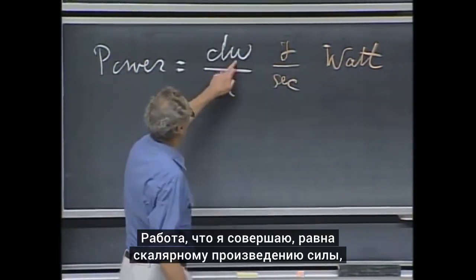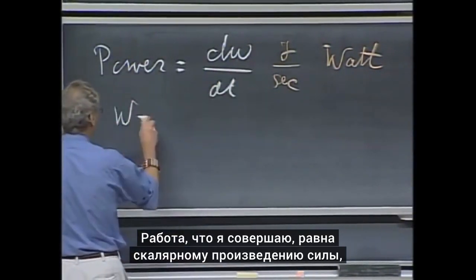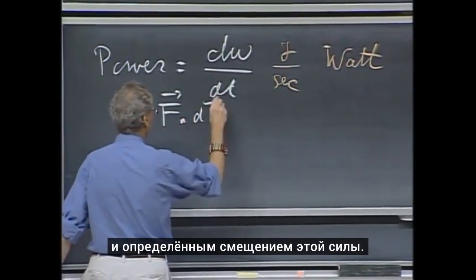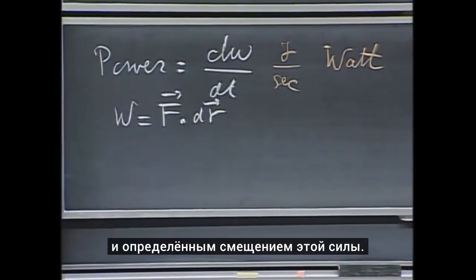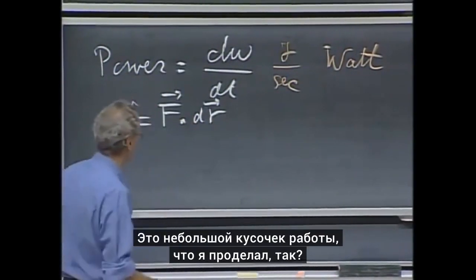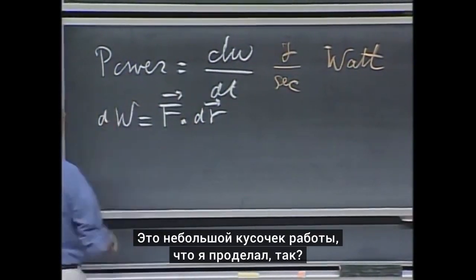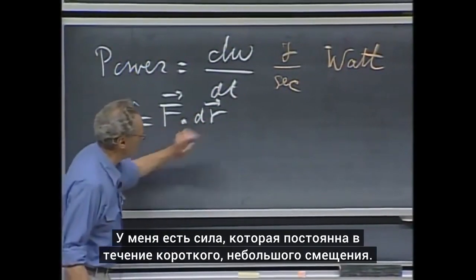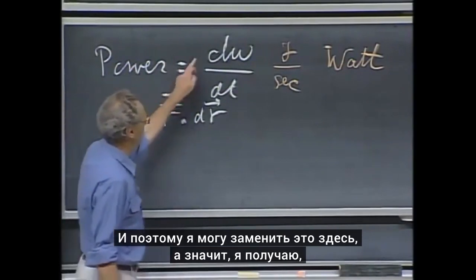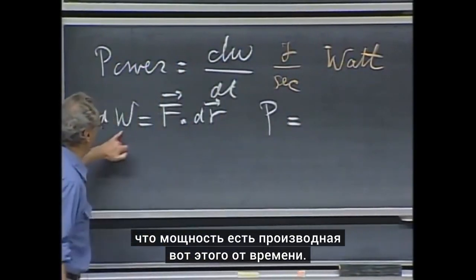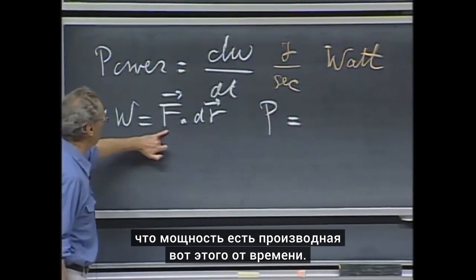Now, the work that the force is doing is the dot product between the force and a certain displacement of that force. We have dealt with that before. That is a little bit of work that I'm doing, right? I have a force which is constant during a short, small displacement. And so I can substitute that in there, and so I get that the power is the derivative of this versus time.